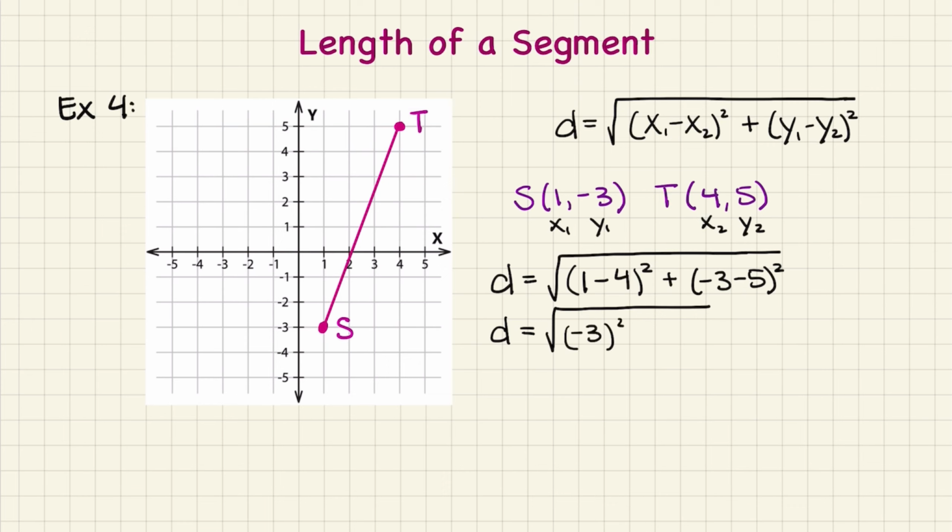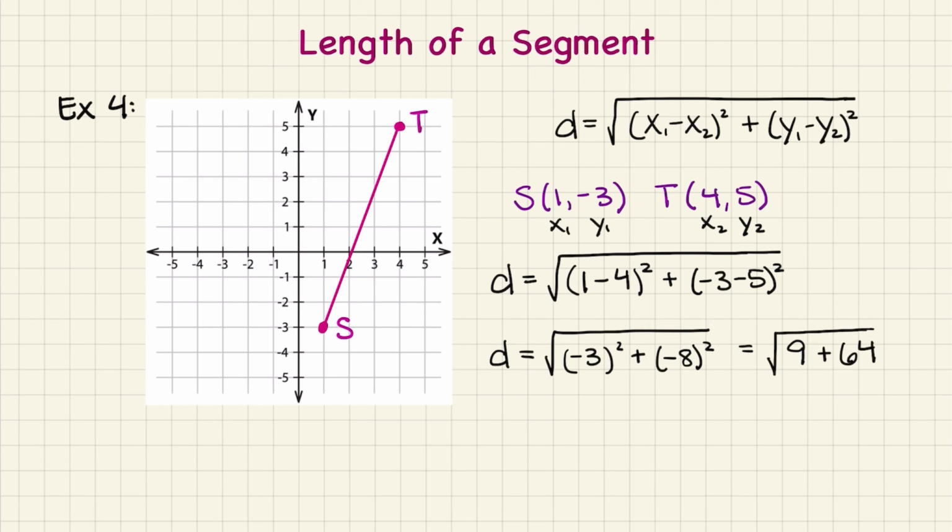Bring down our squared. Plus -3 minus 5 is -8. And bring down our squared. That simplifies to the square root of -3 squared is 9 plus -8 squared is 64. So that equals square root of 9 plus 64 is 73.